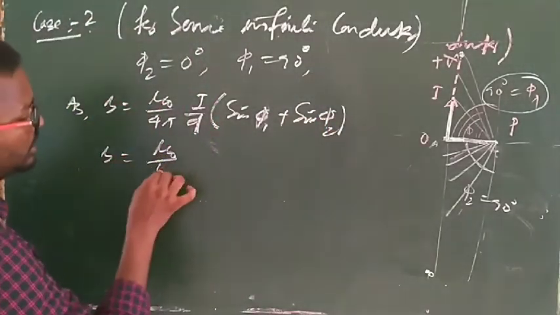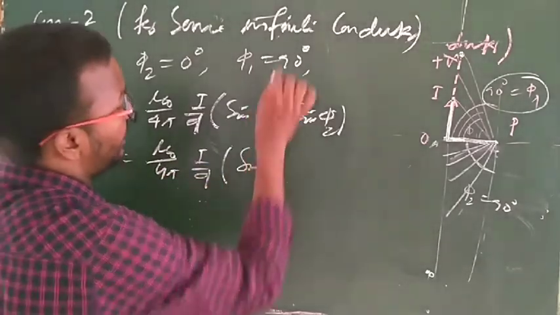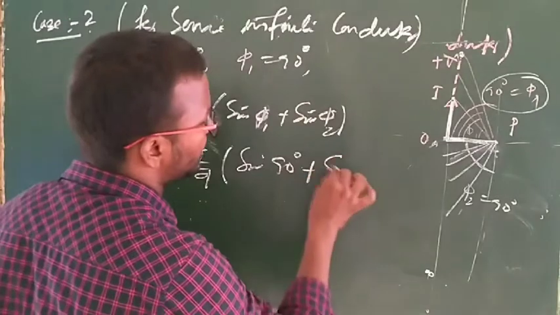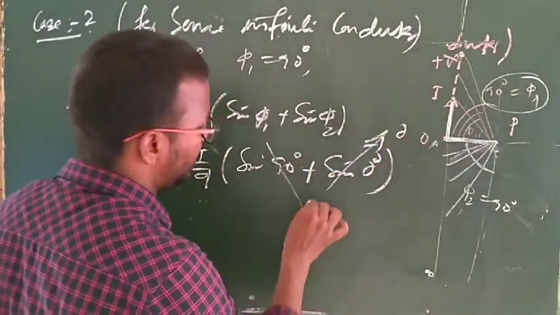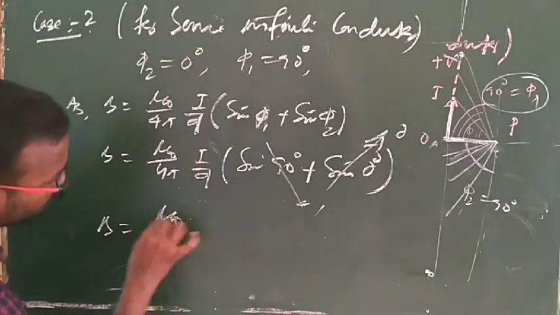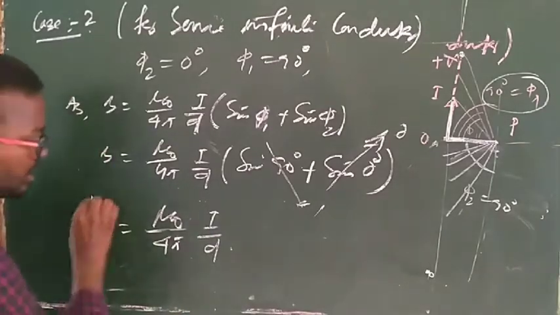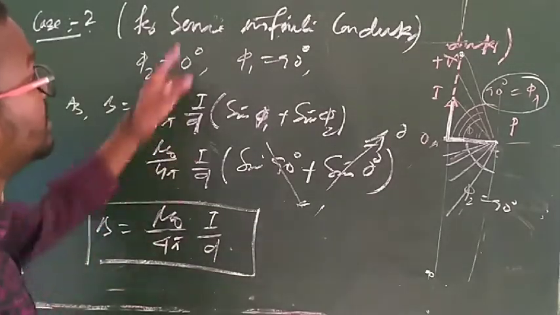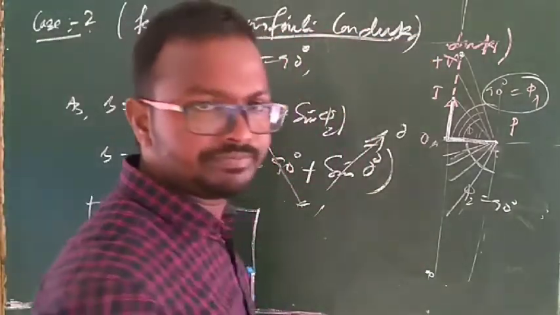Then B equals mu naught by 4 pi, I by D, times sin 90 degrees plus sin 0. The value of sin 0 is 0, and the value of sin 90 is 1. So you can write B equals mu naught by 4 pi, I by D, which is the total magnetic field for a semi-infinite conductor.